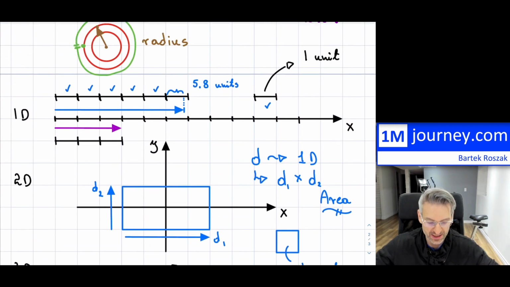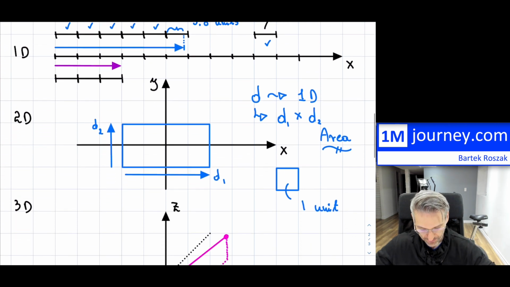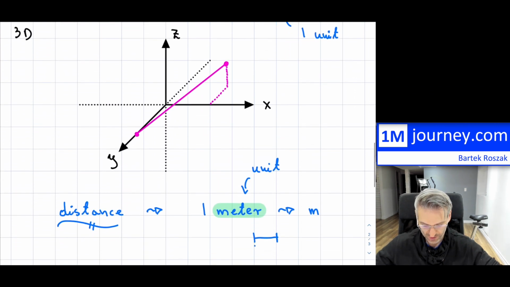So we actually give it specific names. That's why, for example, for distance, we might use meter, or maybe inch, centimeter or millimeter, which you have heard of all of these before, so it makes it a little bit easier when you jump into your physics class.